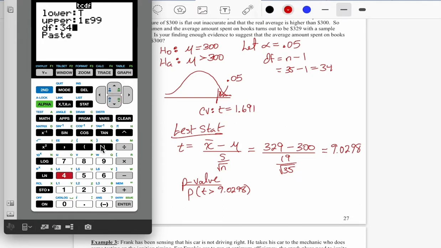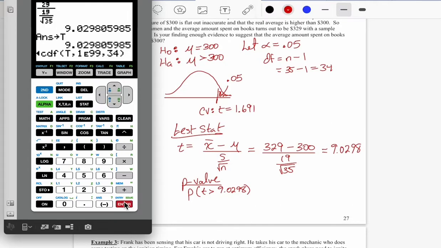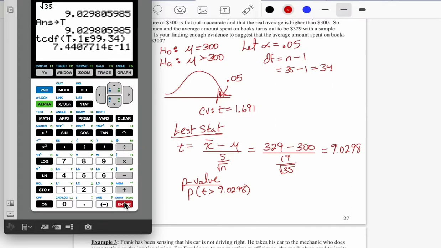Since it's bigger than 30, it is 34 degrees of freedom. We're looking at something that could be approximated with a normal distribution just by the size of the sample. But since we don't know the population standard deviation, we tend to go with the t distribution. So we're looking at 7.44 times 10 to the negative 11th power.